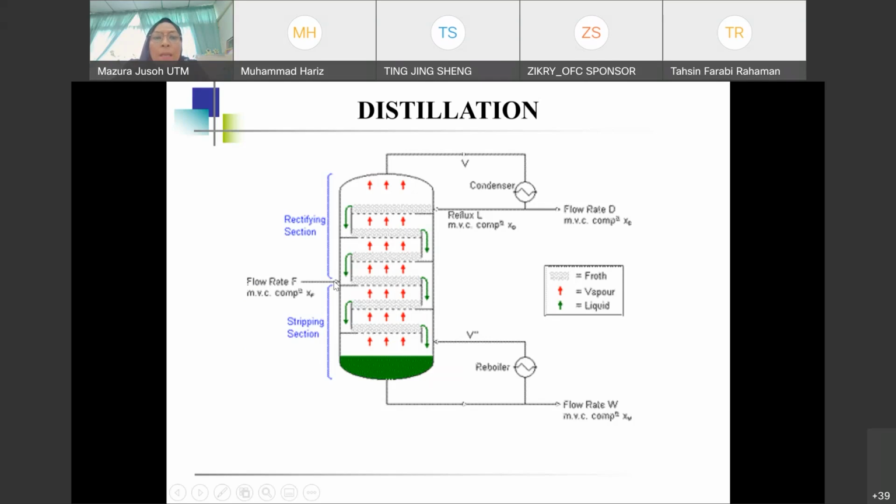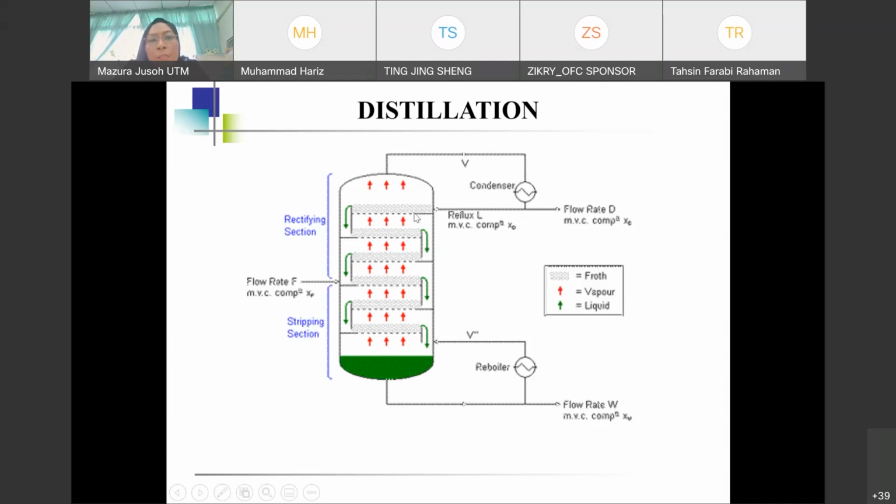Okay, feed tray. So if you see here, these are trays. Tray number 1, tray number 2, number 3, number 4, 5, 6. In this configuration, you have the first tray up here, and you will have what we call a weir over here. A weir dictates how much liquid will be retained on the tray. You cannot have too much liquid on the tray, otherwise the vapor cannot get through.